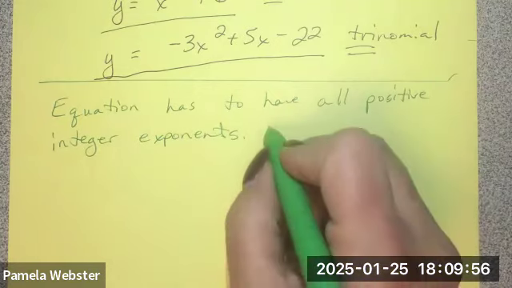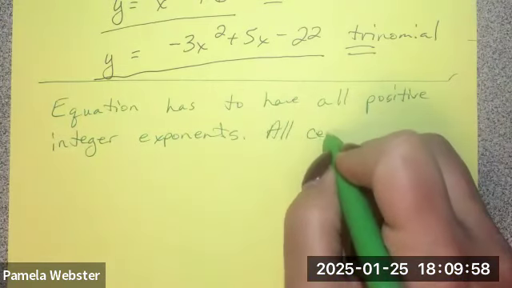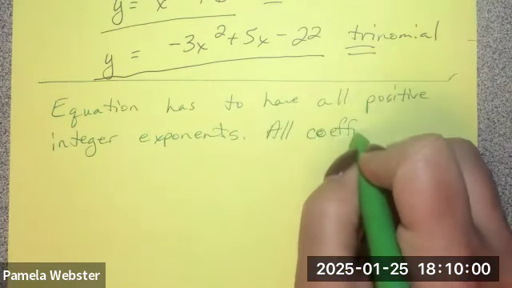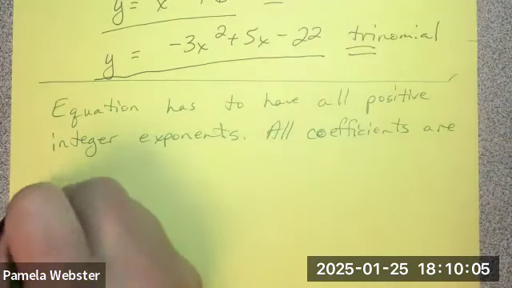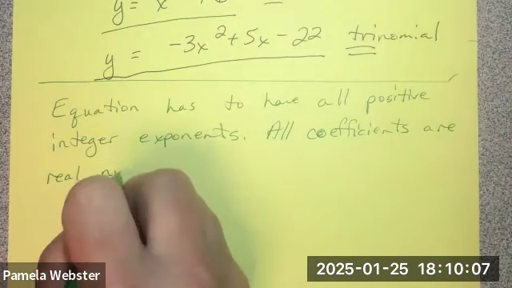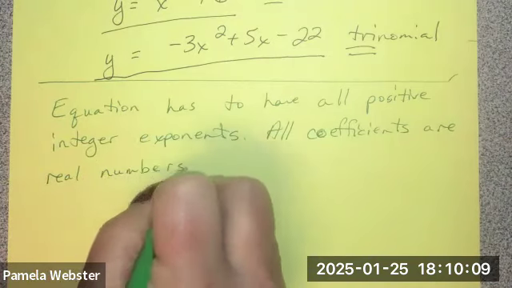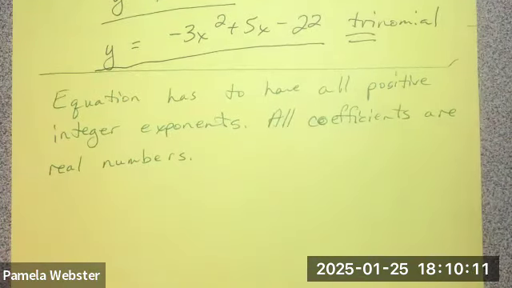And then all coefficients have to be real numbers. What does that mean? It means I can't have any imaginary numbers in there for my coefficients, which we don't normally deal with anyway, but they are out there, so we have to say, don't use those. Don't consider that stuff.